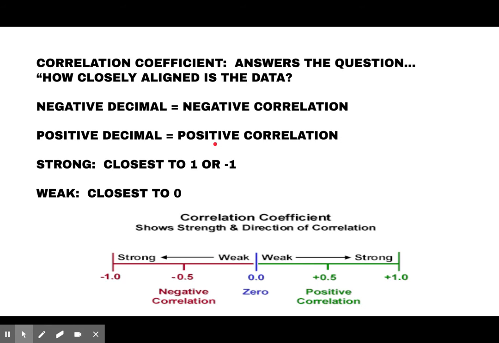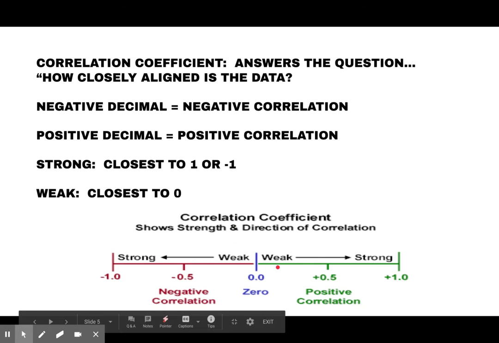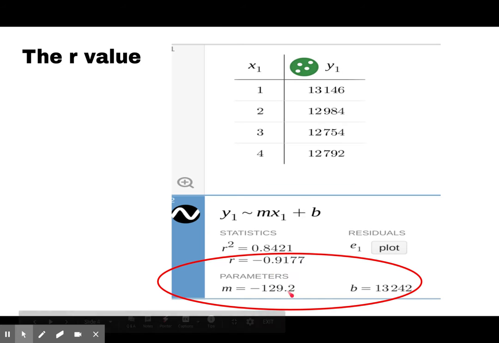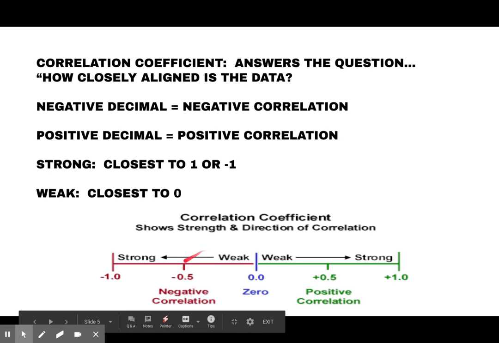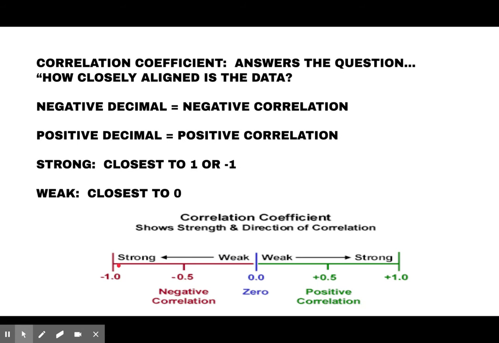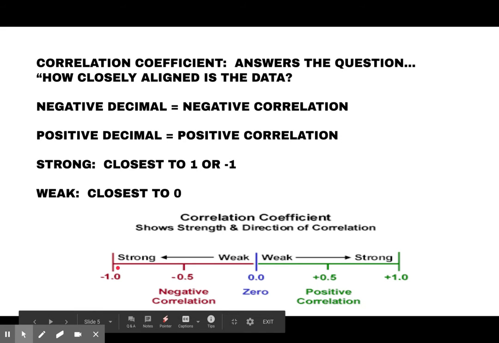Now, we know that it is a strong correlation if it's close to 1 or negative 1. So if you look down here on our scale, the correlation for the previous was a negative 0.9177. 0.91 is very close to the negative 1. So that means you have a strong negative correlation for that particular data set.